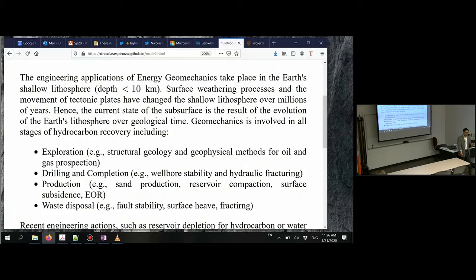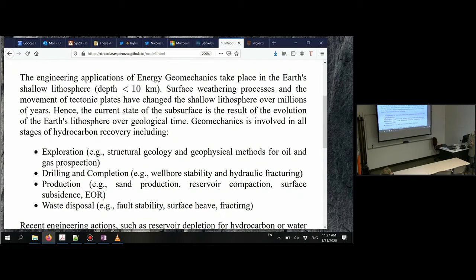For example, if you see an anticline on the surface, it's very likely that in the subsurface there is also an anticline, and if there is some source rock underneath, you're going to find oil under a cap rock in such an anticline.